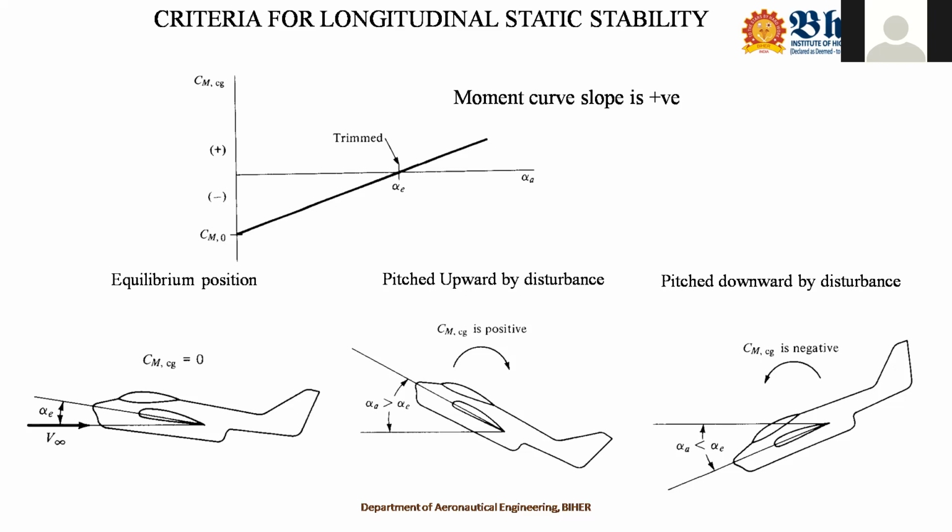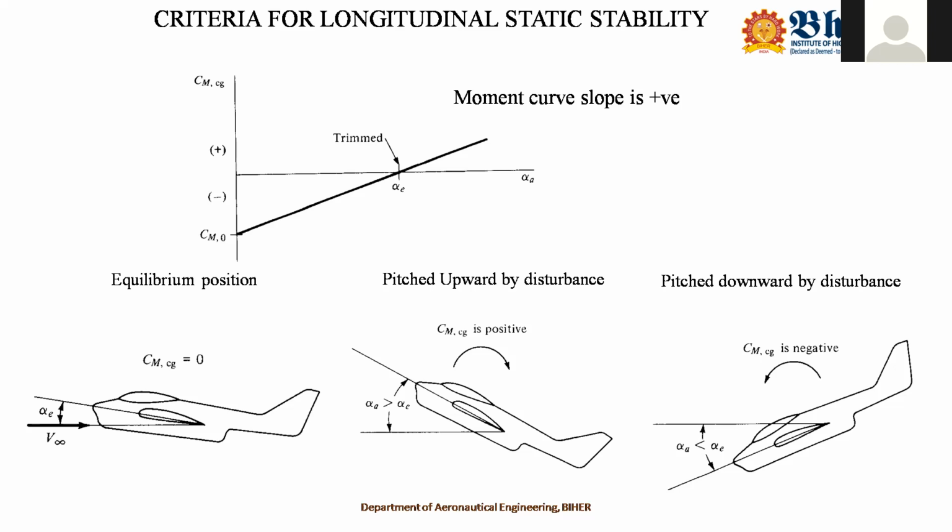So go to the plot, when alpha A is greater than trimmed angle of attack, how about your CMCG? Your CMCG is positive. So when CMCG is positive, how about the sign convention? It tends to move in the clockwise direction. So when it tends to move in the clockwise direction, the aircraft is again moving somewhere away from the equilibrium condition.